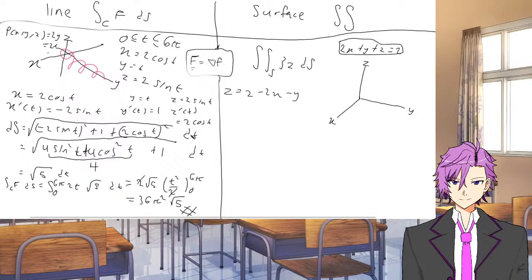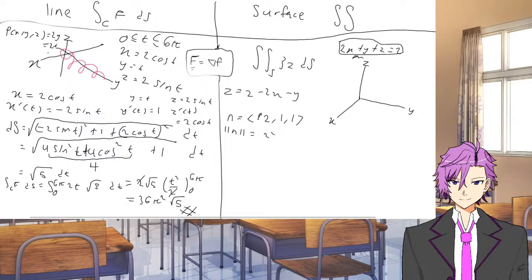The normal, yeah. So we can actually define the normal as n. Taking from this equation, we use partial derivatives: 2, 1, 1. And then we do the magnitude.